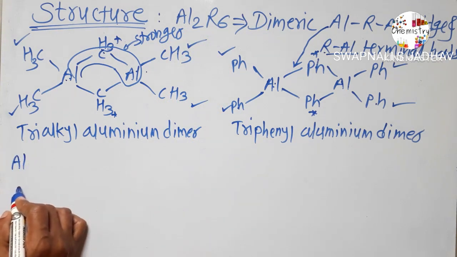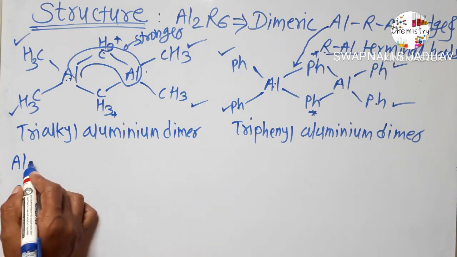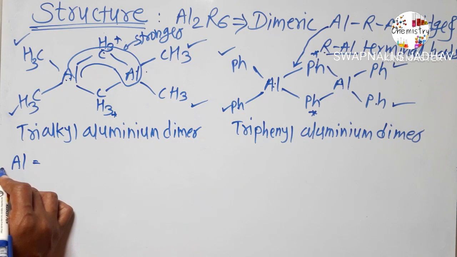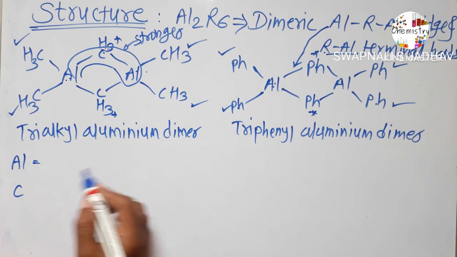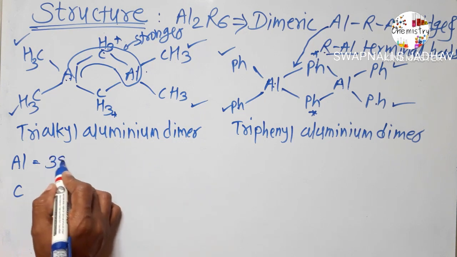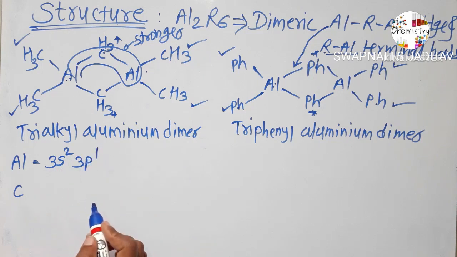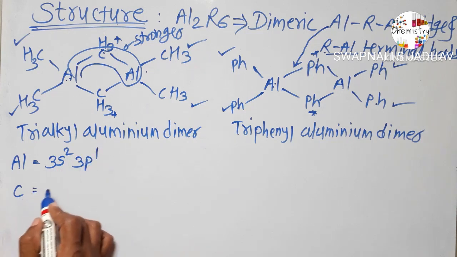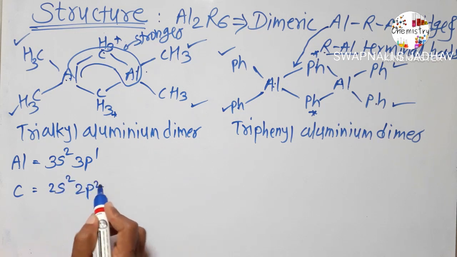Which hybridization? sp3. How do we know? Aluminium has electronic configuration 1s2, 2s2, 2p6, 3s2, 3p1. Here I write only the outermost electronic configuration, 3s2, 3p1, and for carbon 1s2, 2s2, 2p2.